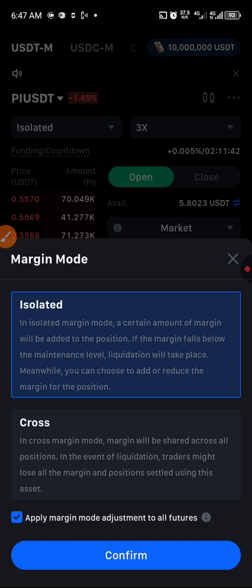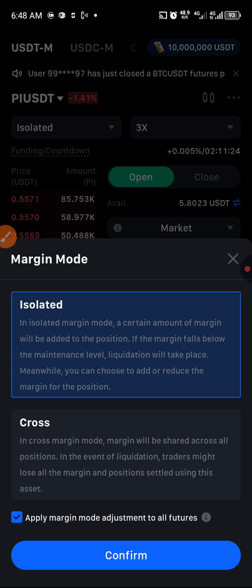Okay, let me put it in a way you will understand it better. It means if you want to trade, let's assume you have 10 USDT, but you want to trade with just 2 USDT.